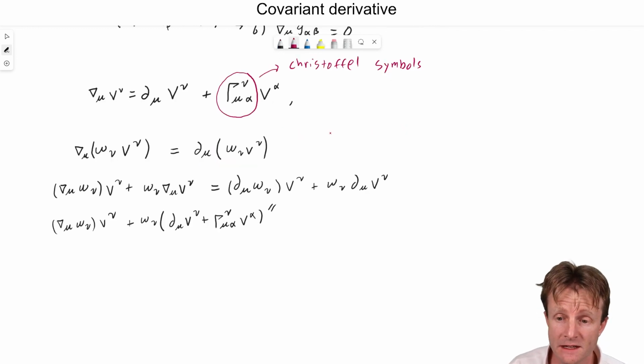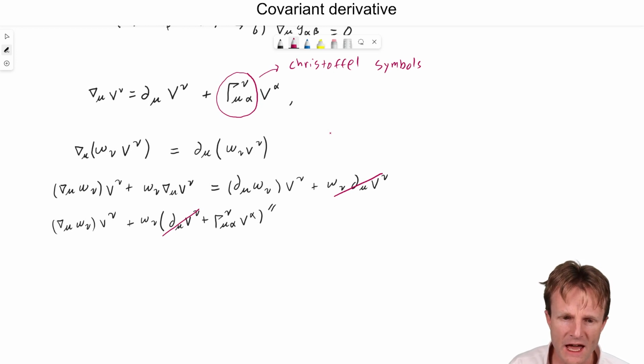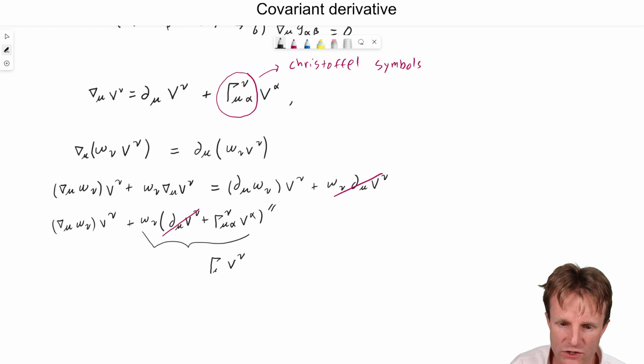So we see immediately that this term on the right-hand side is canceling with this term on the left-hand side. And then we have some terms proportional to v nu, and this term is proportional to v alpha. But let's just call that v nu so it looks like the other terms. So now I have to change the alpha to a nu in the Christoffel symbol.